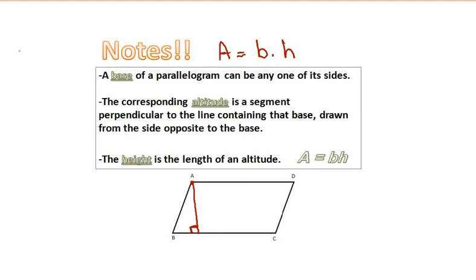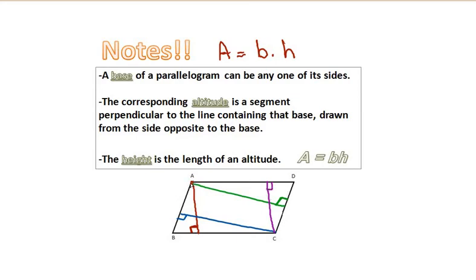Let's say that we choose the base as CD, for example. We draw the altitude from the opposite side. Let's say from here. This is going to be the altitude. If we take AB as the base, the altitude will be somehow like this. So this is going to be the length of the altitude. If we take AD as the base, the altitude will be, look, I can draw it from point C, and this is the altitude.